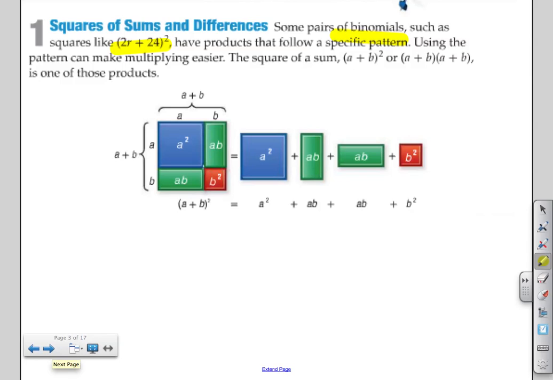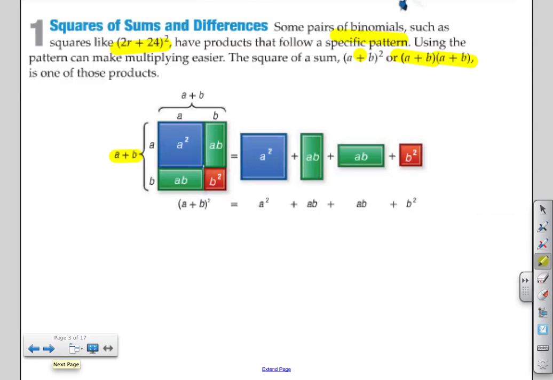So the square of a sum, meaning that it's a plus b, right? The square of a sum, the quantity a plus b squared, which also means a plus b times a plus b, is one of those kinds of products. So let's look at this in picture form, right? On this side, we have a plus b.